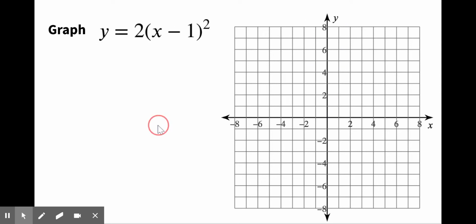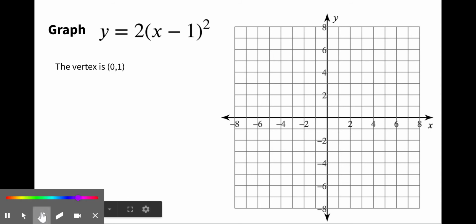Okay, let's go to the next example. So they gave us our h, which is -1, but they didn't give us our k. So our vertex, this is not our vertex. I need to fix this.